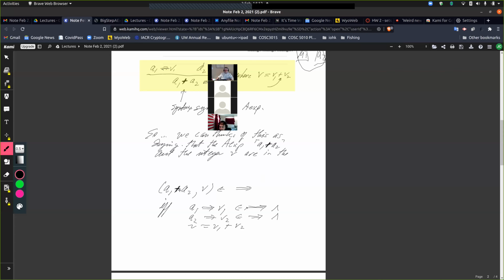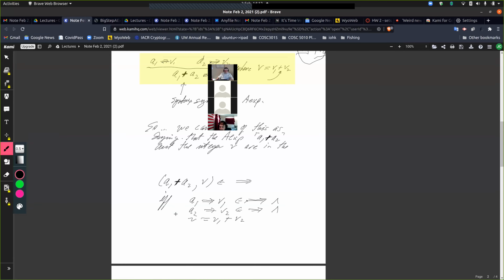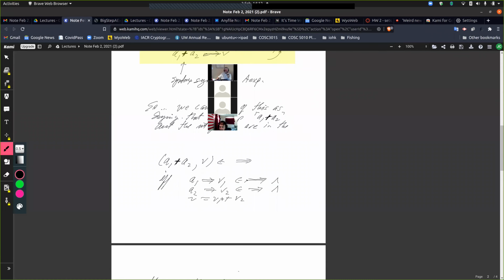That's real plus. This one is just a symbol, a character for plus, whereas this means do the real integer addition.